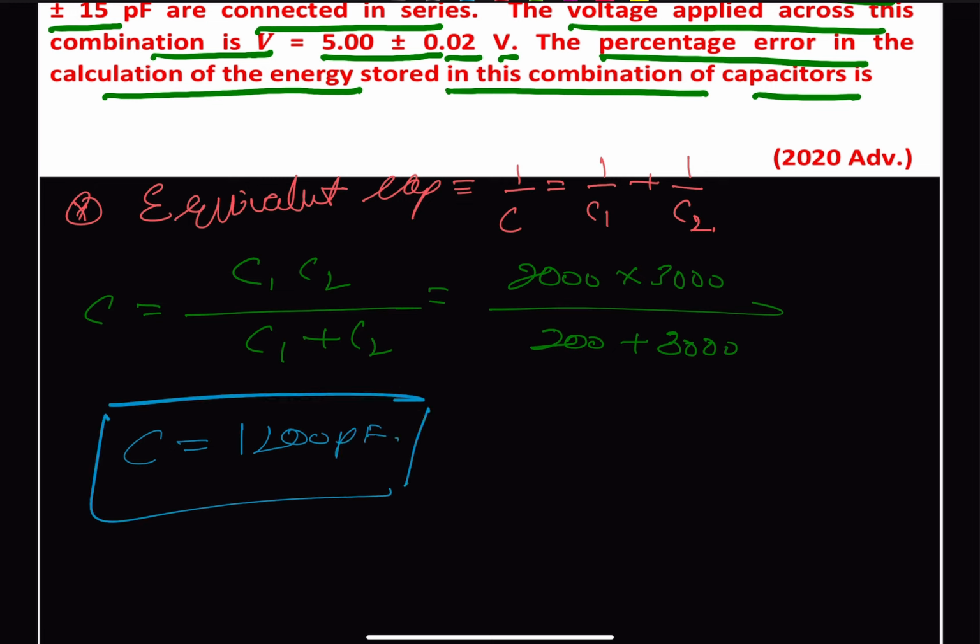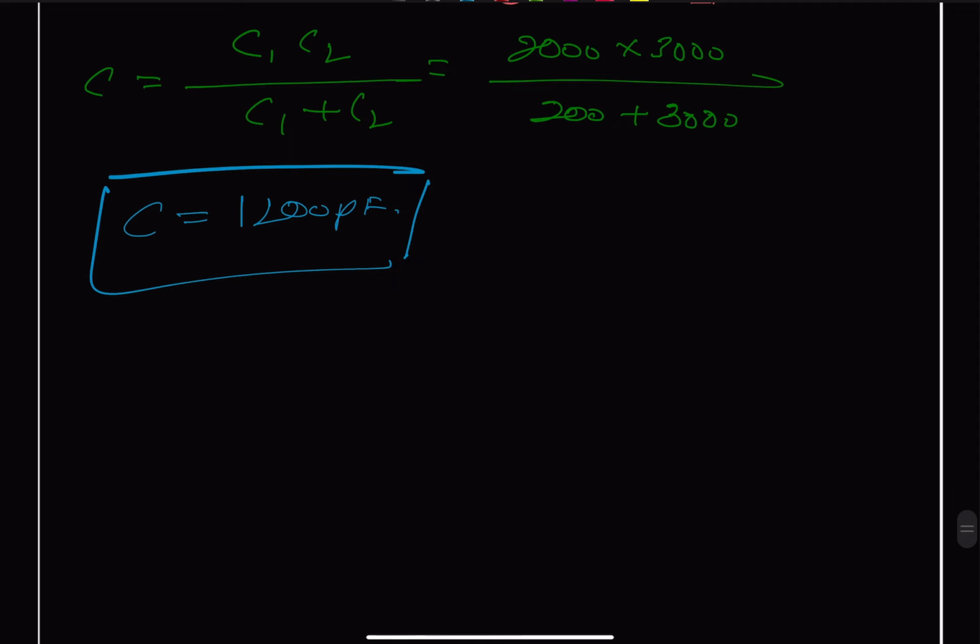Now we are going to find out the relative uncertainty or error which is given to us.